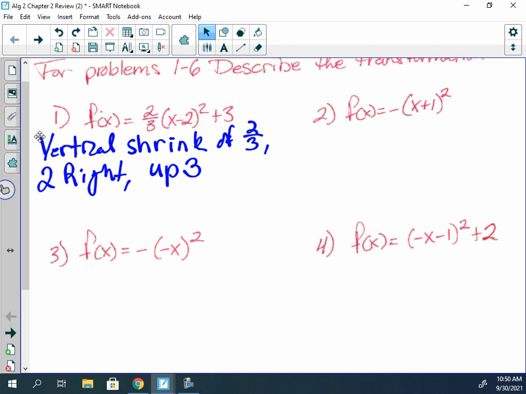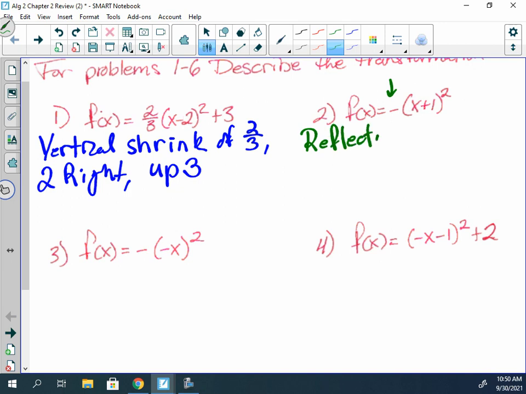Number 2. Now, if we look at this one here, going from left to right, the first thing we have is the negative sign outside the parentheses. Well, this here would be a reflection across the what? X-axis. Because a negative outside the parentheses being multiplied would be the x-axis.